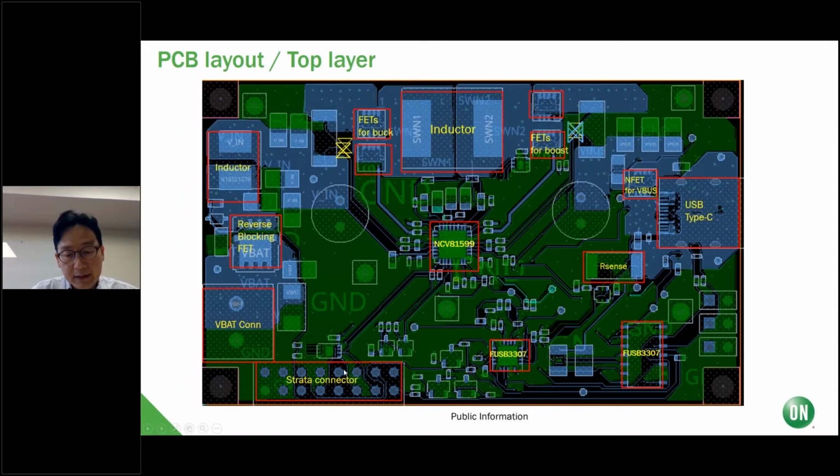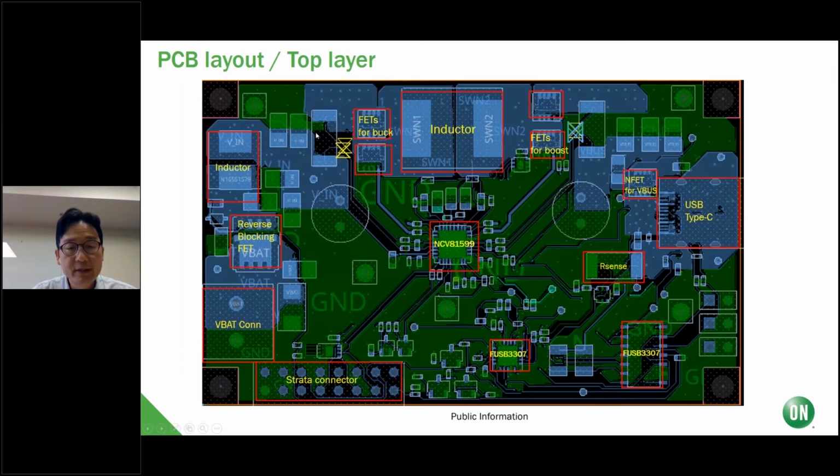And the Strata connector, and we have two pads for FPUSB3207, one for the smaller package. We actually have two different packages, and the other one is a little larger SOIC. And actually, there are three RSense 5 milliohm sensor resistors.